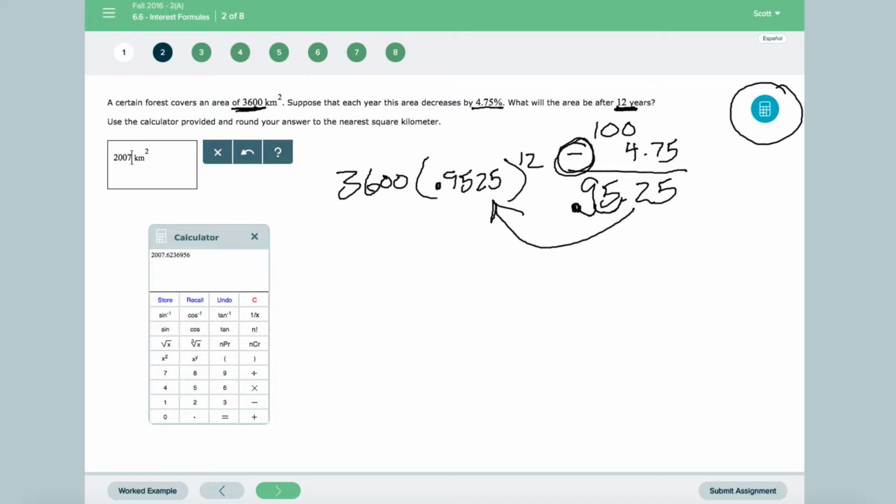Round your answer to the nearest square kilometer right there. So instead of 7, I'm going to say that's 2008, because the 6 means I'm closer to the 8.